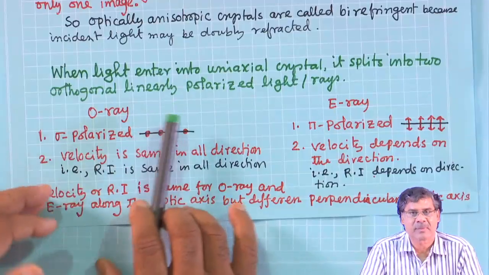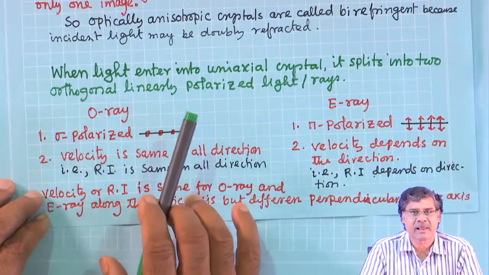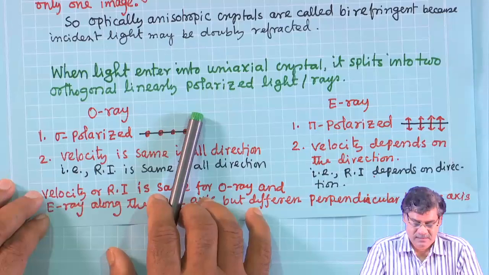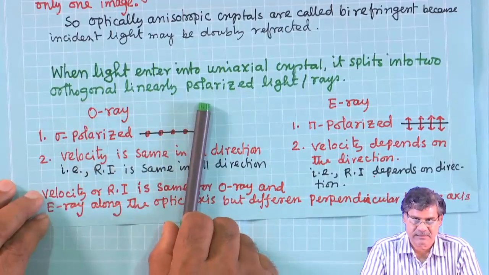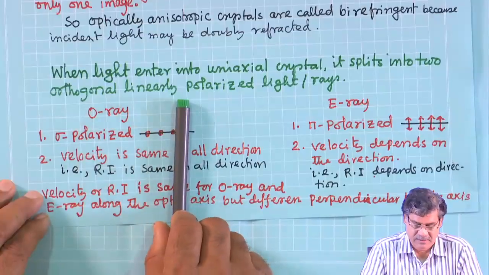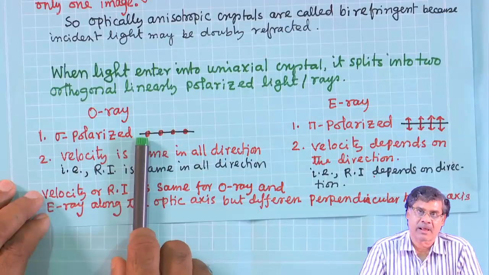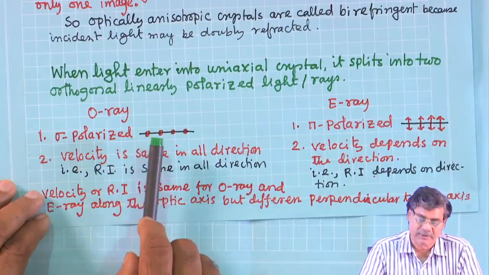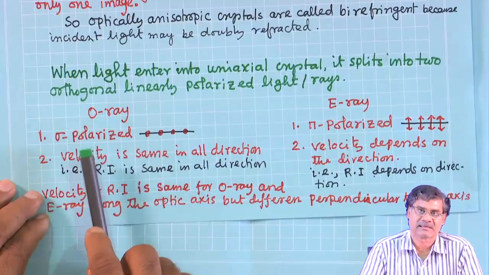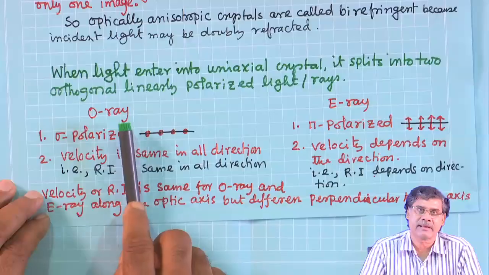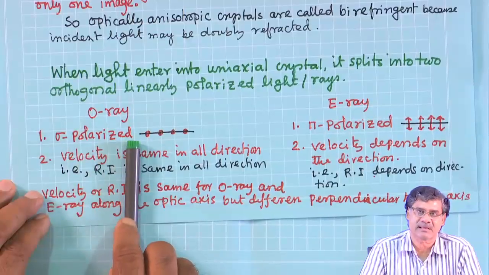So, that is the plane of incidence. In this case say it is the plane of this paper. So, now the plane of polarization is perpendicular to the plane of incidence. So, there is a sigma polarization, and the O ray is all the time sigma polarized light.